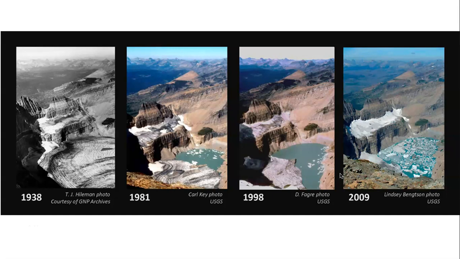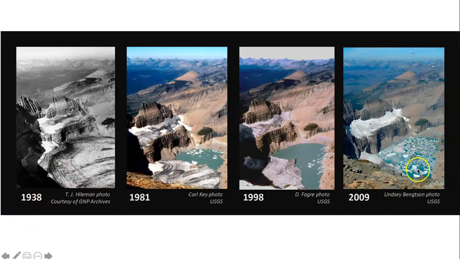What we see here is a trend of decreasing sea ice that has occurred since observations began in the mid 20th century. The rate of decline observed in recent years is far greater than previously predicted by climate models. And here we just see this big ice sheet that has been photographed in 1938 all the way to 2009.